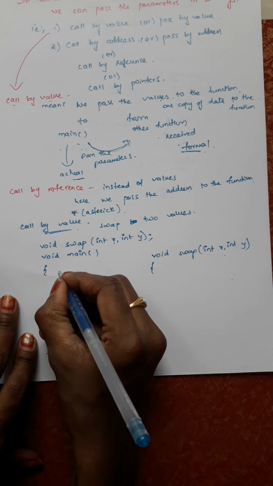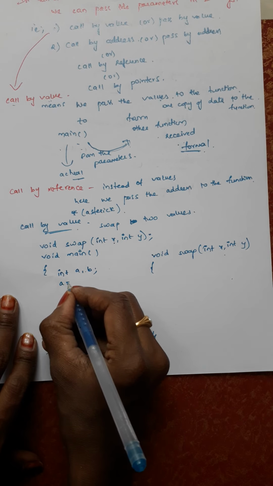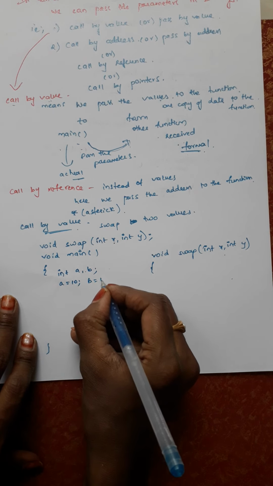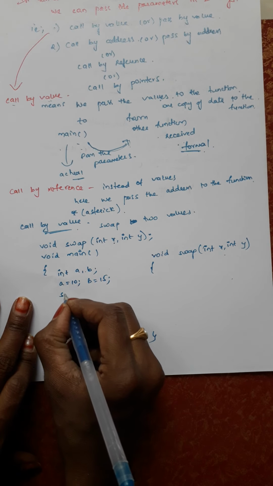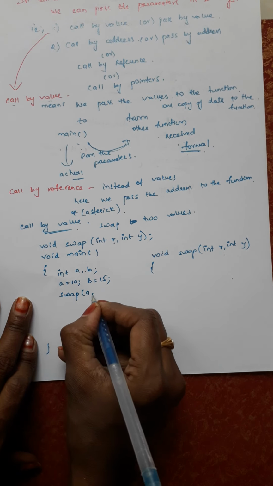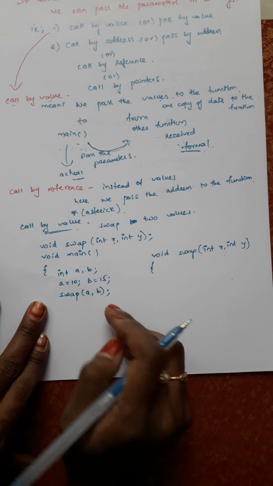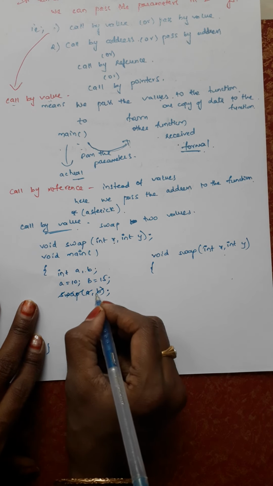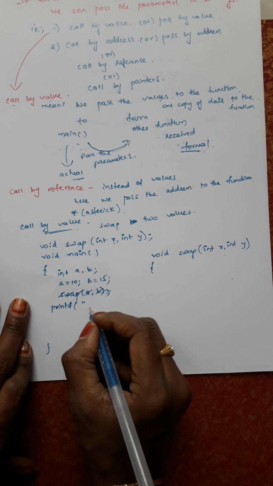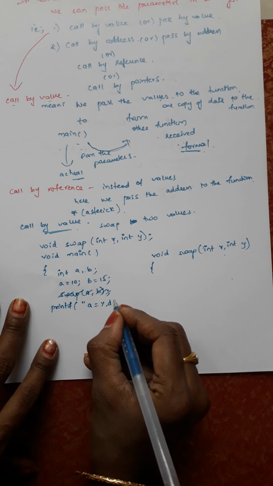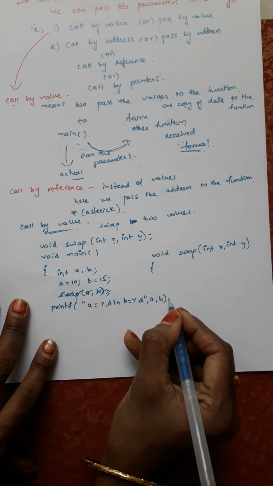Now see, int a comma b. a equals 10, b equals 15. So what are the a and b values? 10 and 15. Now pass those parameters to the function swap. Before passing, I am printing the values a and b. printf a equals %ld, b equals %ld, a comma b.